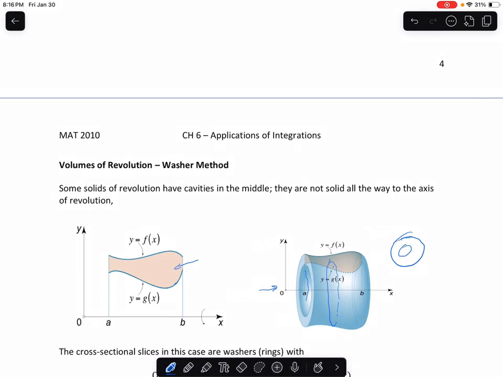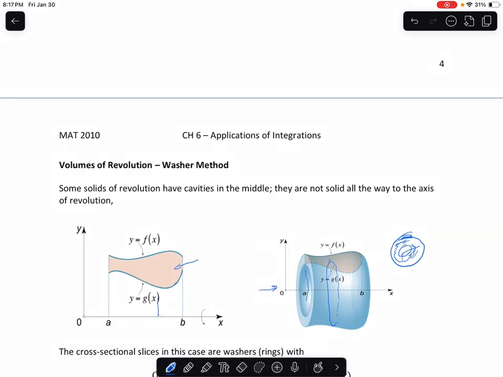you end up getting things like that. Which means in order to calculate the area of this piece, we will calculate the area of the bigger circle and subtract the area of the smaller circle from there. So what is the radius of the outer circle?